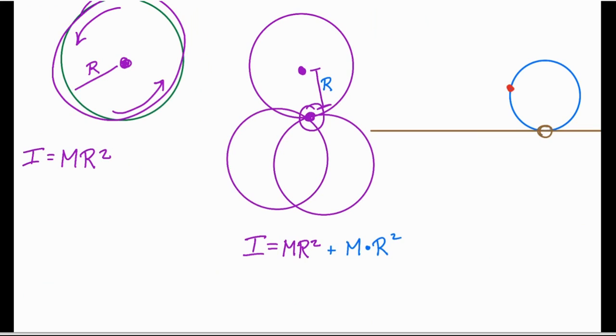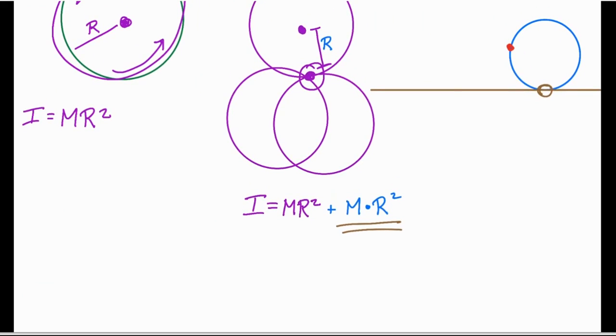So I'm going to have to do this plus mr squared thing to it. Now for this one, it would be a bowling ball, and a solid bowling ball has a moment of inertia of 2/5 mr squared. You don't need to care why.